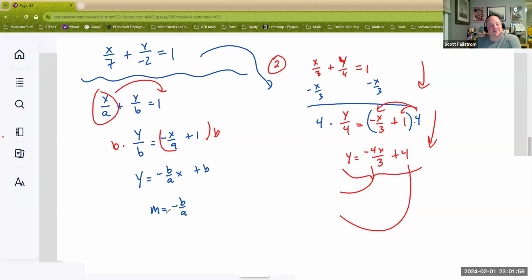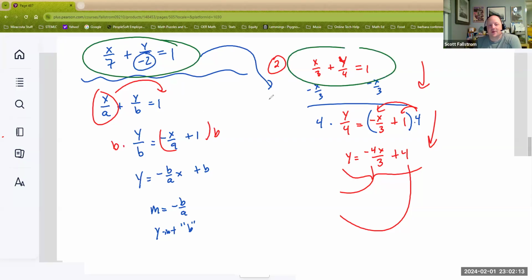Negative b over a is the slope, and the y-intercept is actually the value of b, which is the thing under y. So if you gave me a different question and you said, Scott, look at this one, I see a pattern here. Why don't I just solve it in general? Then you can give me whatever you want for the a and the b values in that function, and I can create very quickly the answer to it.